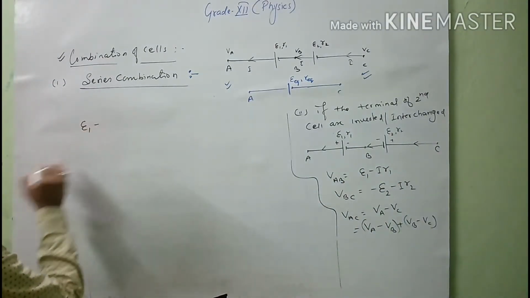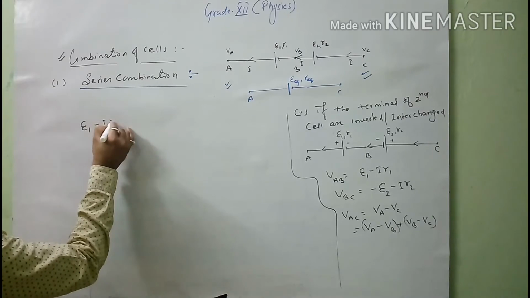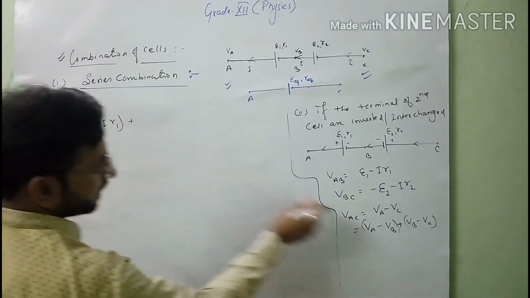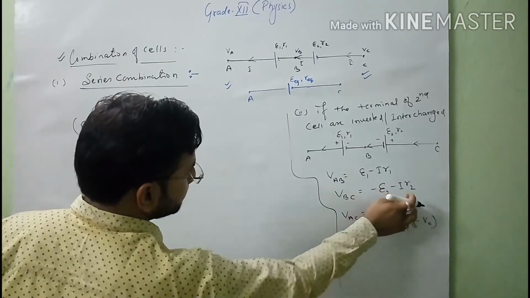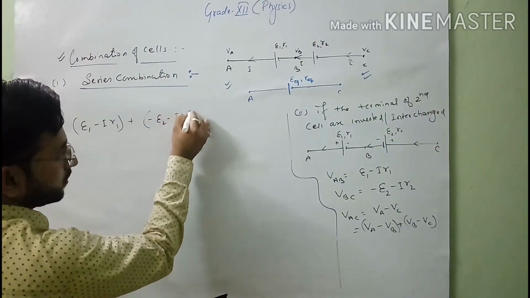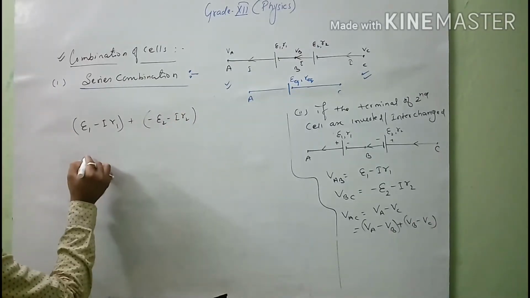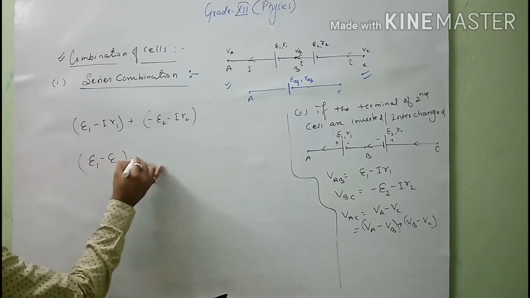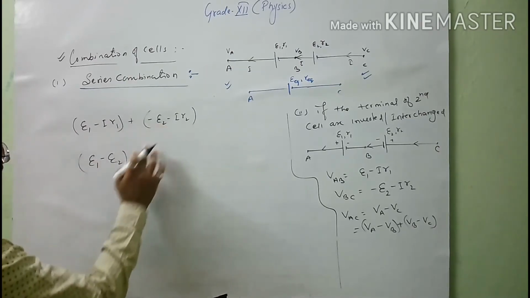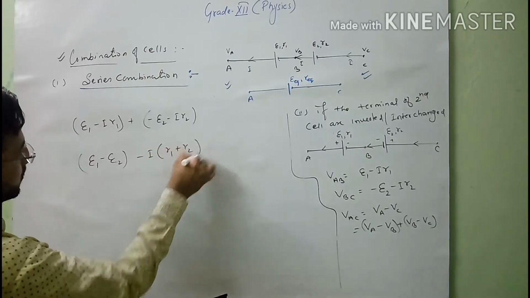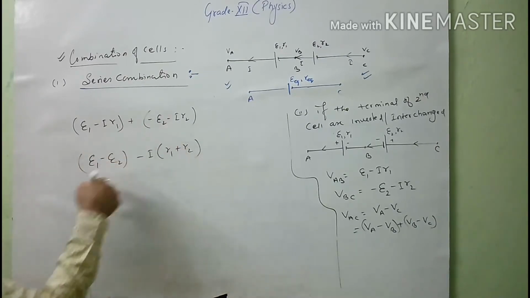It is epsilon 1 minus IR1, and after that plus, the value epsilon 2 with negative symbol, minus IR2. So when we write all, after rearranging, I will write like this: negative symbol is here, R1 plus R2, minus taken common like this.